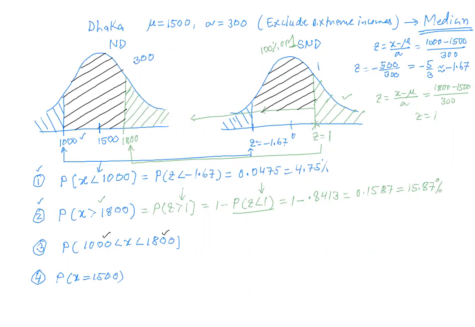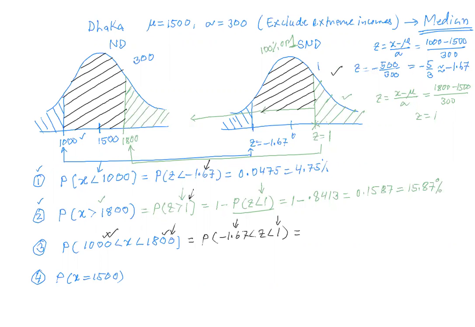Now, this is the same as the probability of negative 1.67 is less than Z is less than 1, because we found for 1,000 the Z score was negative 1.67, right? For 1,800 the Z score was 1. This is what it is translating to in the standard normal distribution.